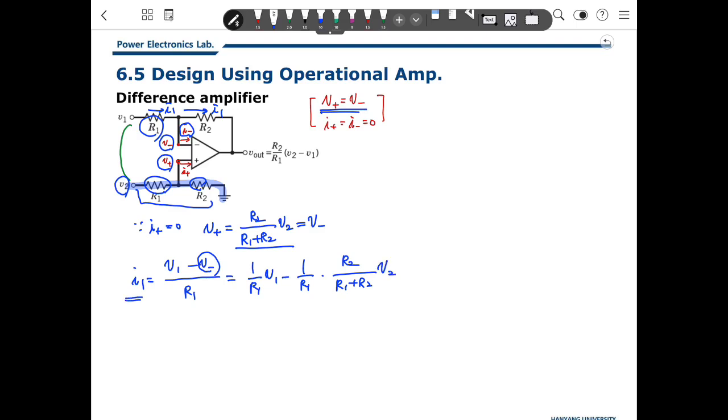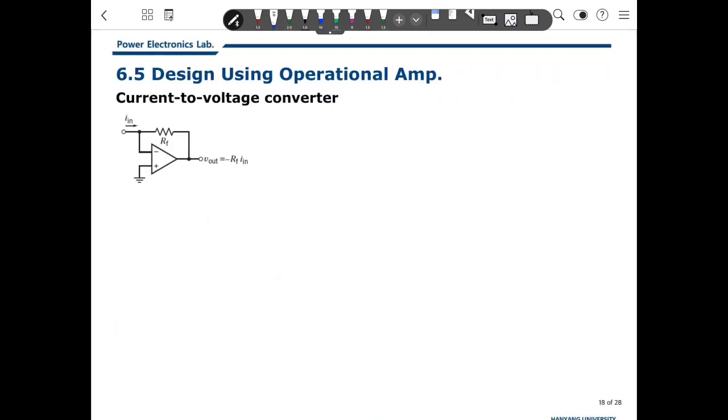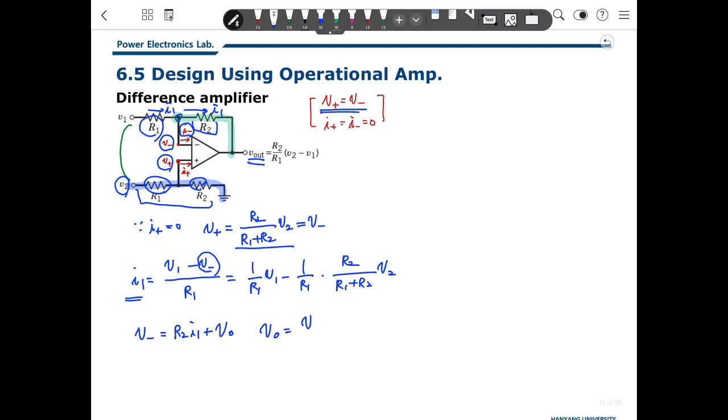This is I1. Then the relationship between that point and that point, we get V negative is the voltage drop here, R2 I1, plus V out. So V out is V negative minus R2 I1. Then V out is V negative, which is R2 over R1 plus R2 V2, minus R2 I1.